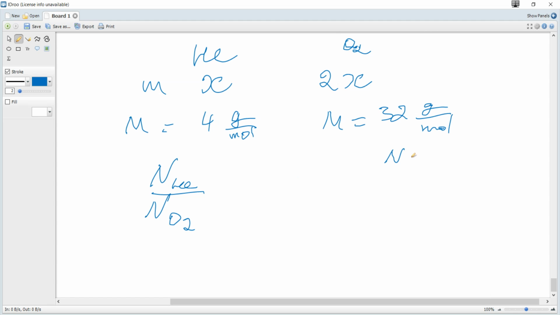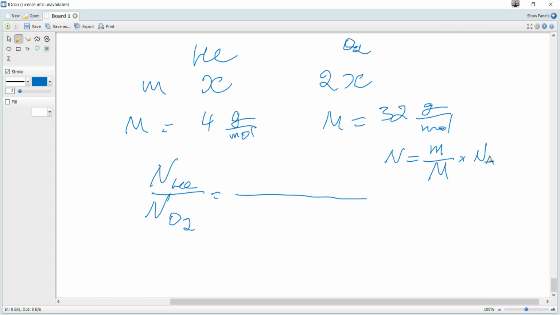Number of particles is mass divided by molar mass, and you may trace units: mass in grams divided by grams per mole. Mole becomes the numerator, so you get the number of moles, and if multiplied by the Avogadro constant, which tells us the number of particles in 1 mole of a substance.